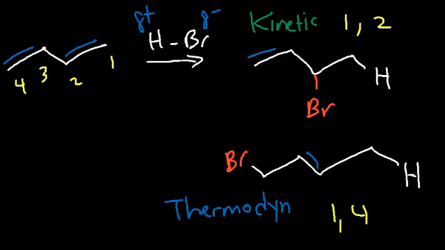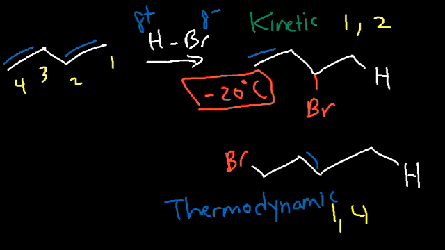This isn't always the case, but generally speaking, it works out this way. The kinetic product forms faster. So under low temperature conditions, let's say -20 degrees Celsius, the kinetic product will be the major product. At high temperature conditions, let's say if the reaction was heated to 80 degrees Celsius, the thermodynamic product is usually the major product.